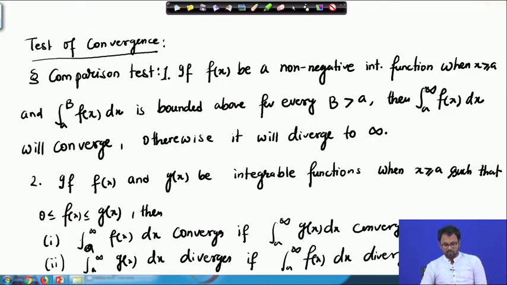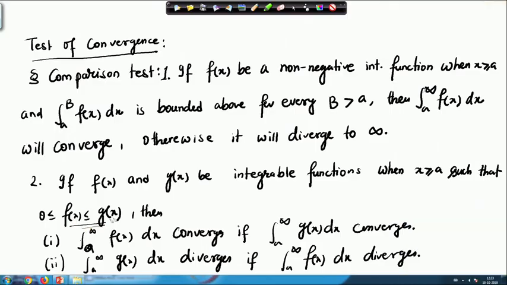So what does it mean? If we have two functions f(x) and g(x), and they follow some kind of comparison, this inequality is nothing but a comparison. If f(x) is less than or equal to g(x), and the integral of g(x) is convergent, then we can say that the integral of f(x) is convergent.